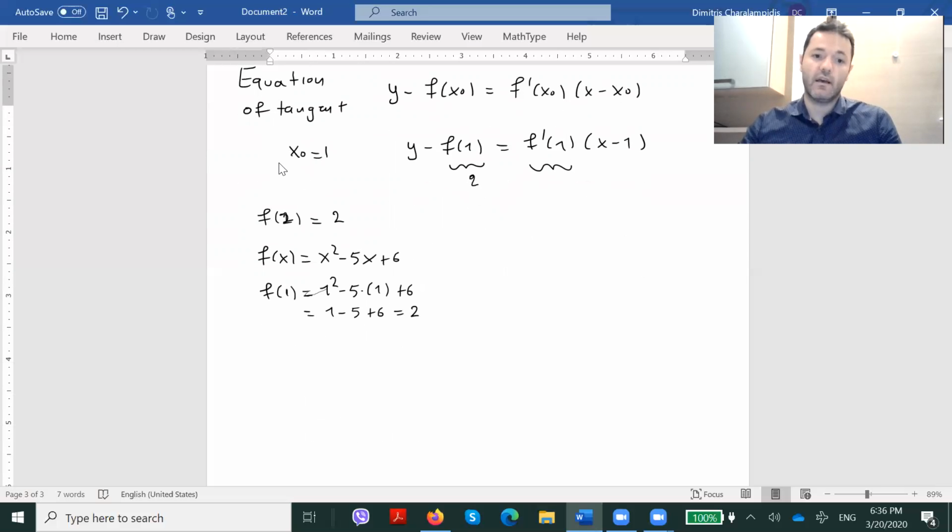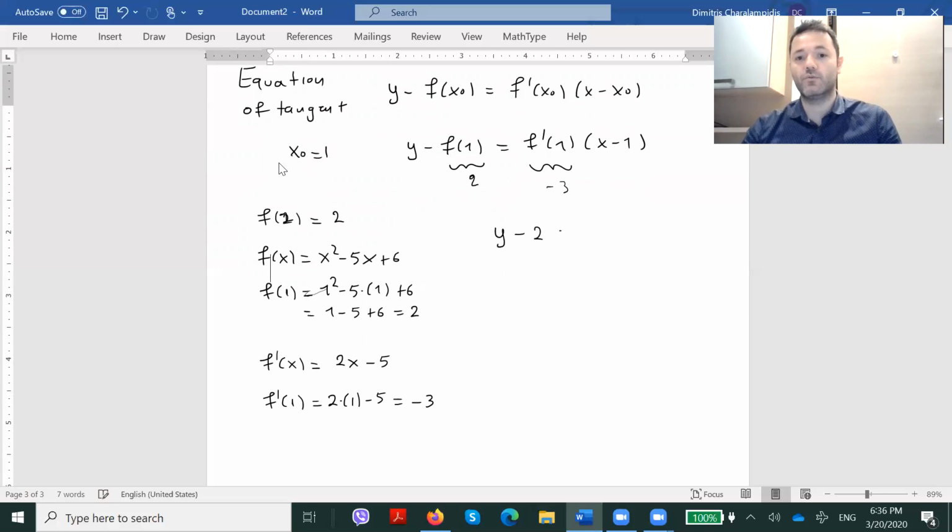To find f prime of 1, I'll begin by finding the derivative of f. The derivative of f will be 2x minus 5, and therefore f prime of 1 will be 2 times 1 minus 5 equals negative 3. Now that I have both these values, I'm ready to substitute and write y minus 2 equals negative 3 times x minus 1.